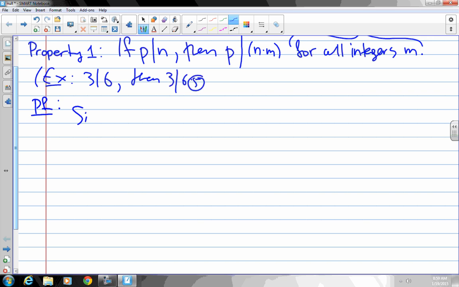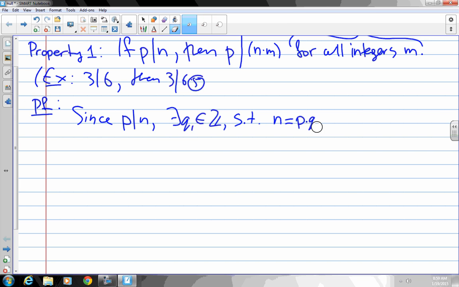We can say that since P divides N, there exists some integer Q1 so that N equals P times Q1. Or Q1 times P, we're writing it like that. So this is the definition of divisibility.